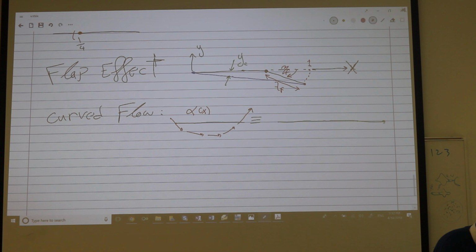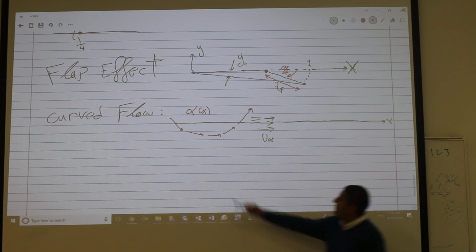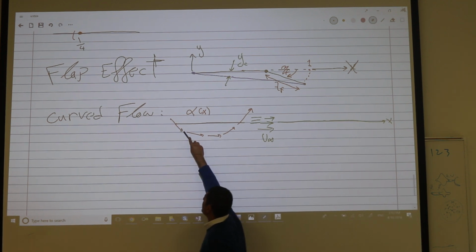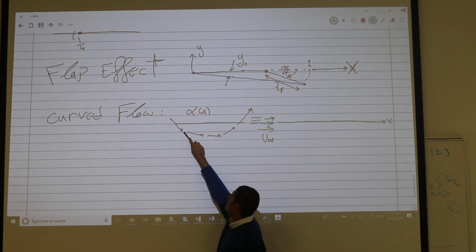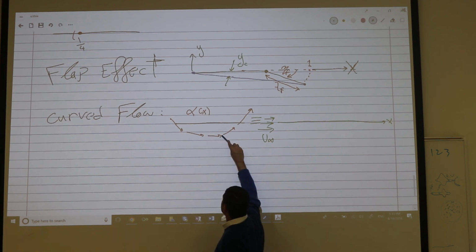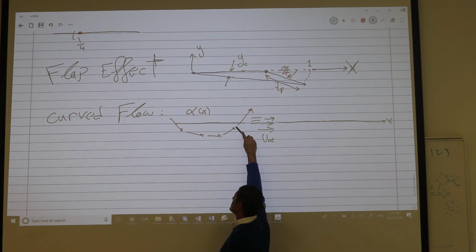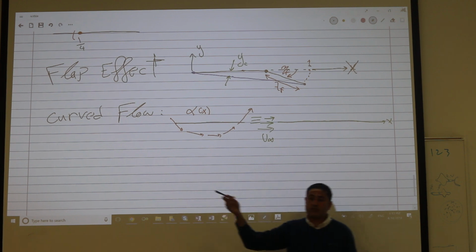This is my x. U infinity coming straight. And this, think about it. So the flow here has a negative angle of attack. Then a little bit less, here is 0, maybe here is positive. What is the angle of attack with respect to the camber?